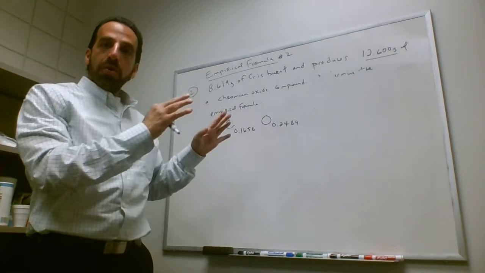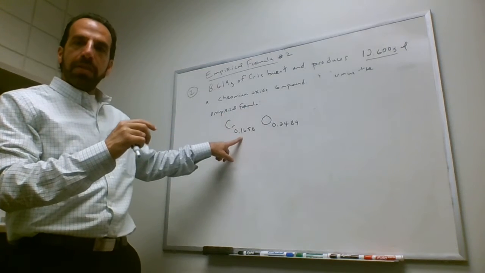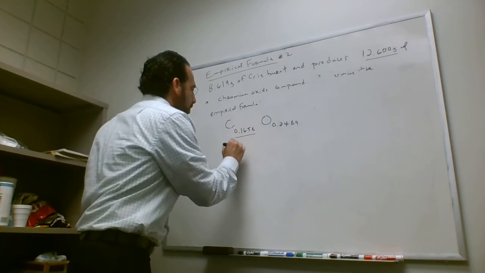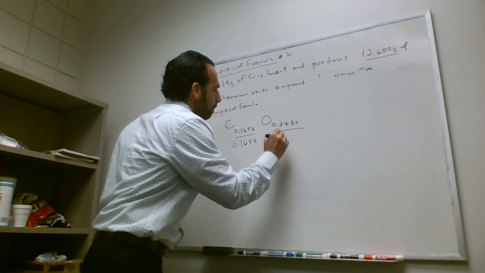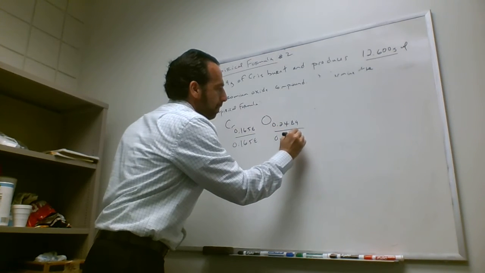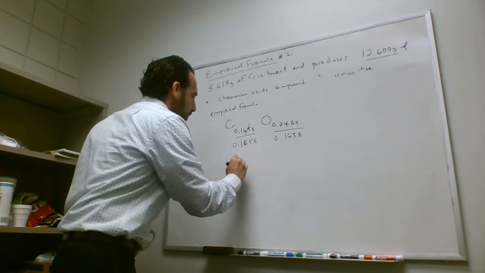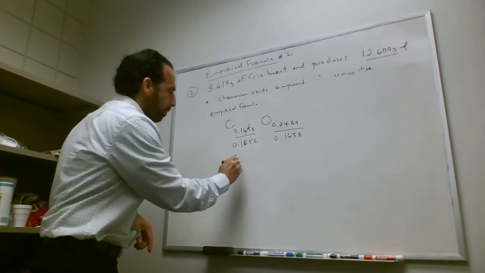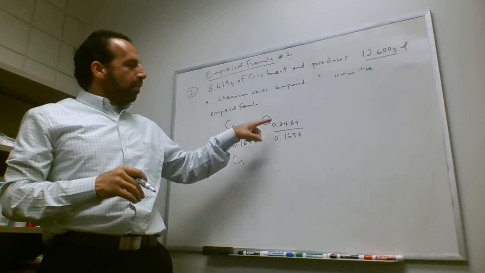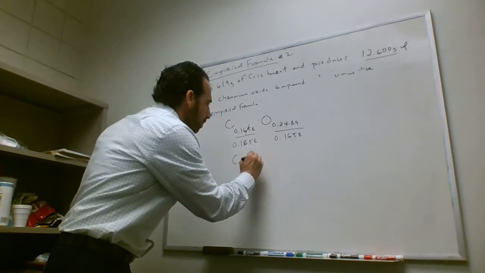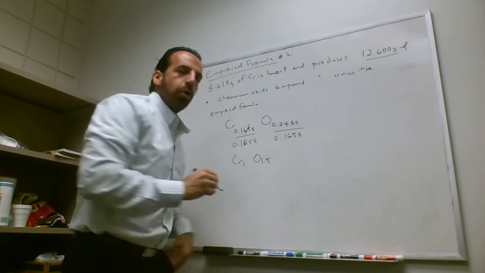We divide by the lowest number of moles. So I'm going to divide by the 0.1658. So that chromium is going to be 1. A couple of things. We're supposed to round off to the nearest whole number. But if you do this division, oxygen is going to be 1.5.